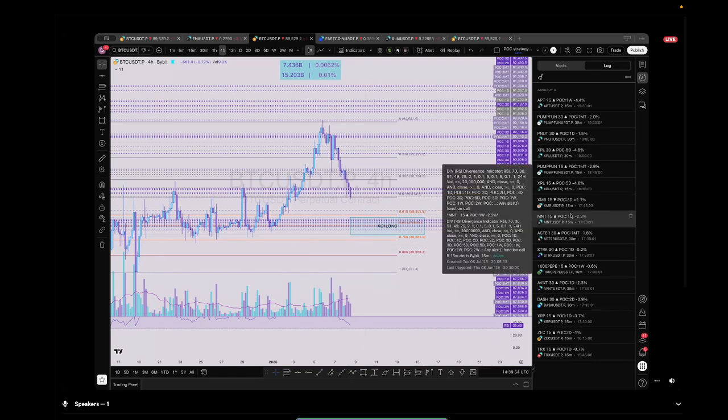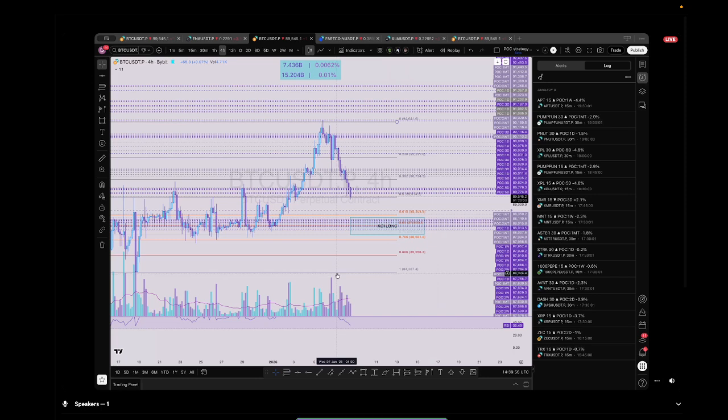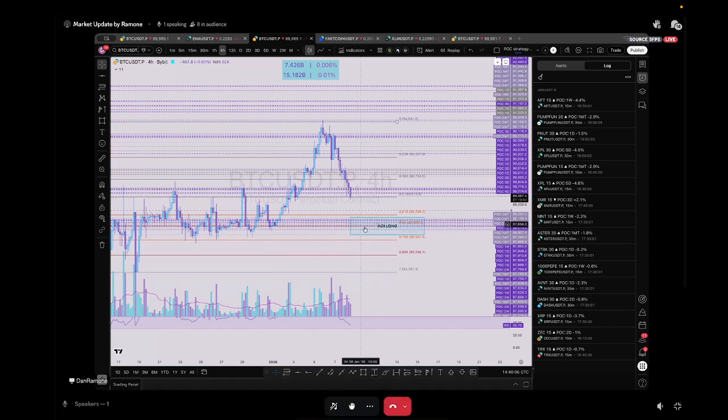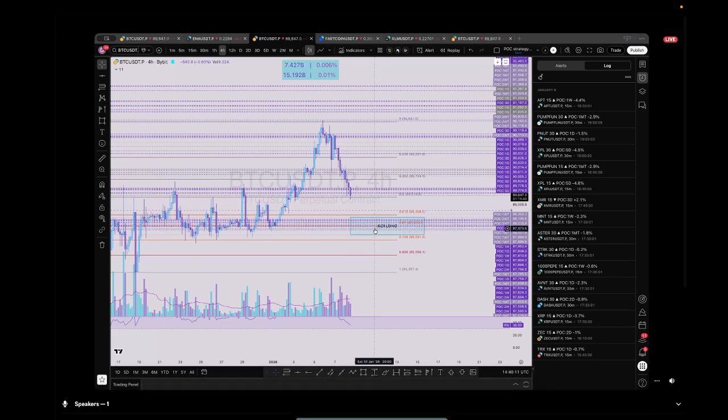But I hope you understand why they are so important and why they react, because they're telling you where in the past the most volume was traded. So probably in the future it's also one area where you will see some reaction. And you really see reactions many times, even sometimes just small, but enough to confirm the div, so you can put stop loss at break even and you're safe.